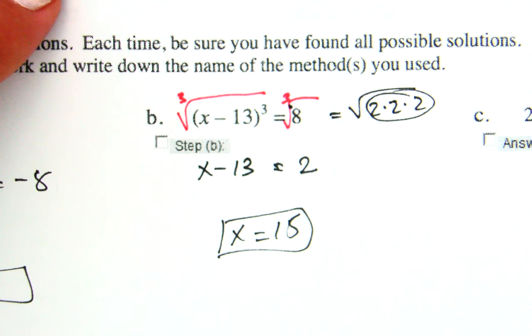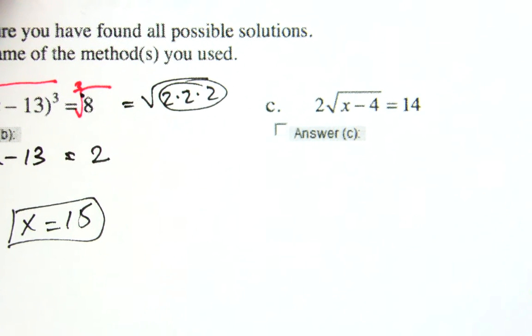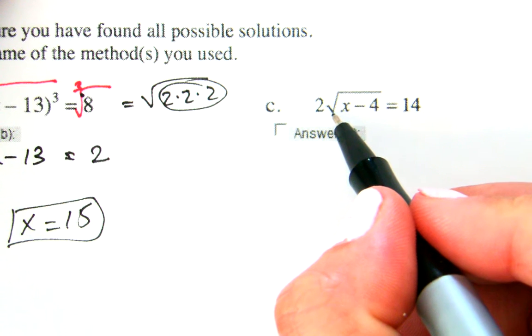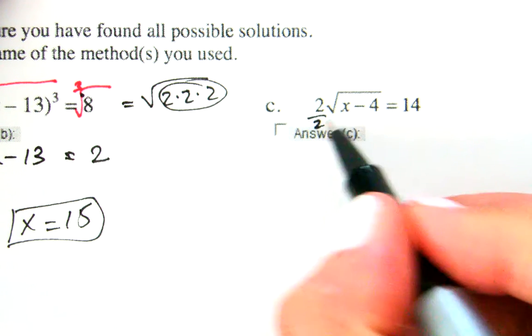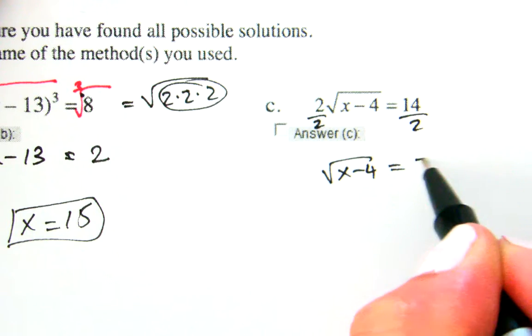But we should have 3 solutions for this. So basically it's just 15 3 times. Okay, the next one. So we have to get rid of the square root, so we're going to divide by 2 first. So we have the square root of x minus 4 equals 7.